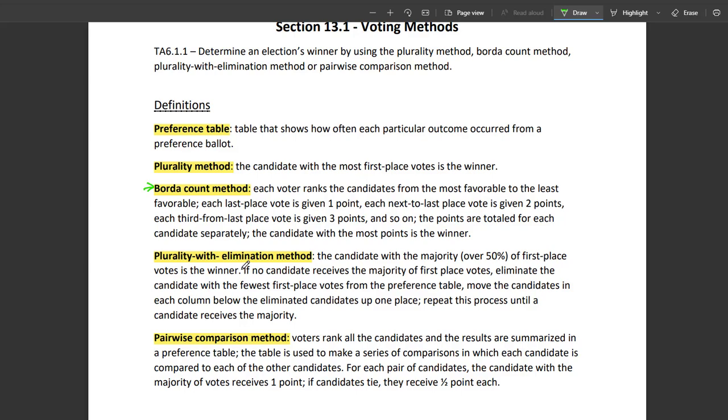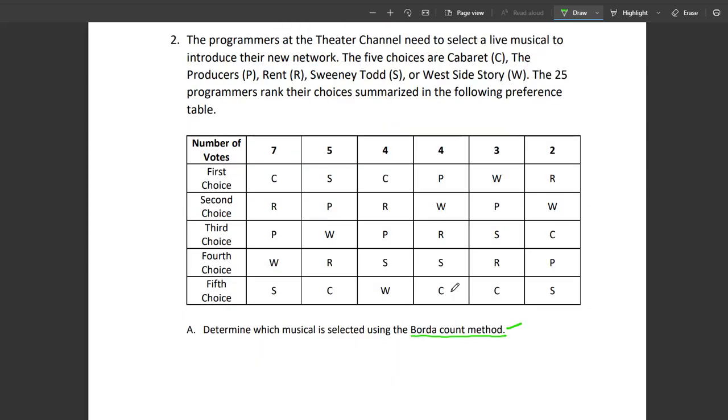Each last place vote is given 1 point, and then next to last place is given 2 points, third from last 3 points, and so on. The points are totaled for each candidate separately, and the candidate with the most points is the winner. So basically, our Borda count method places rank on choices. So it says that our last place gets 1 point, and as we move up, the points get higher.